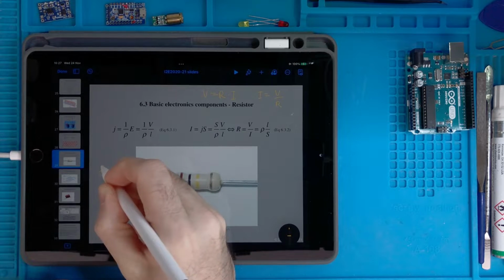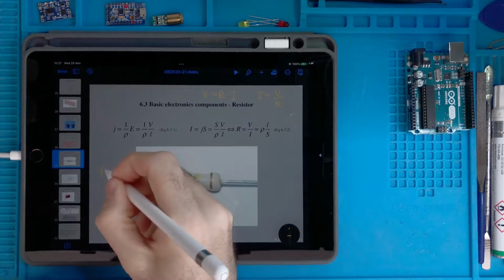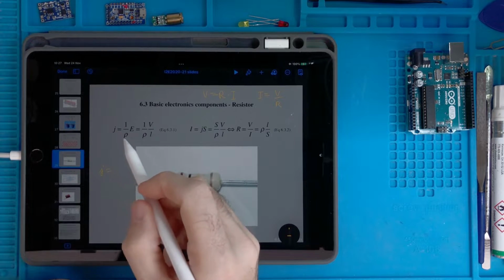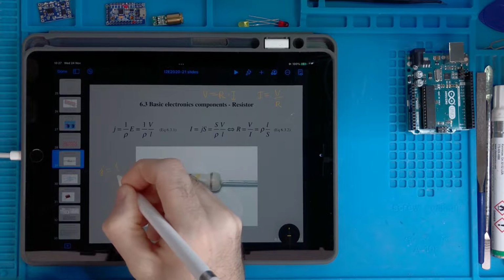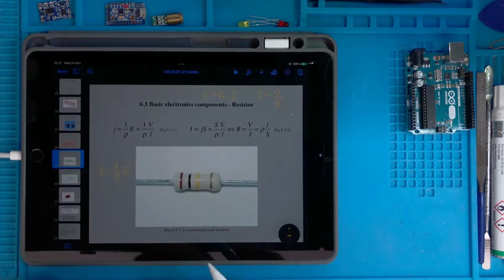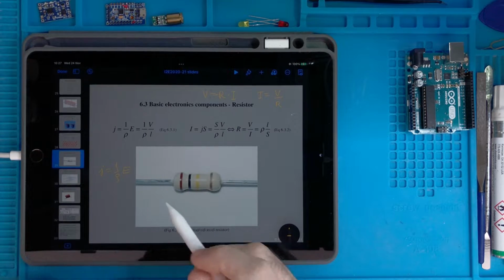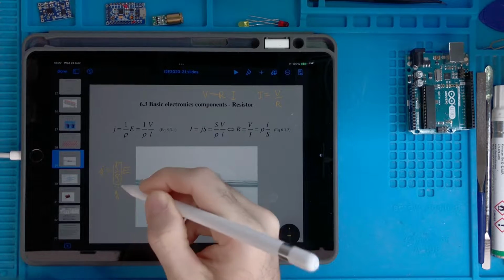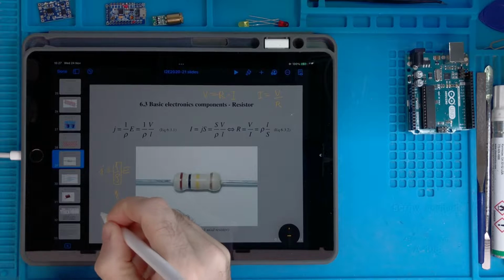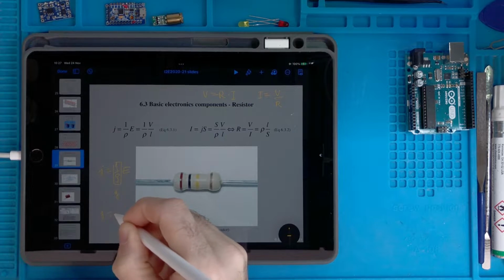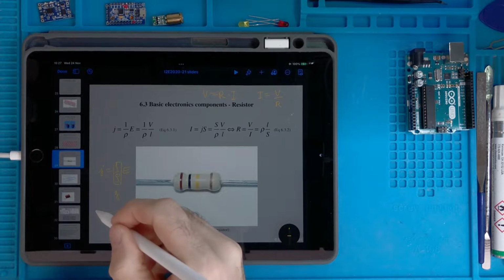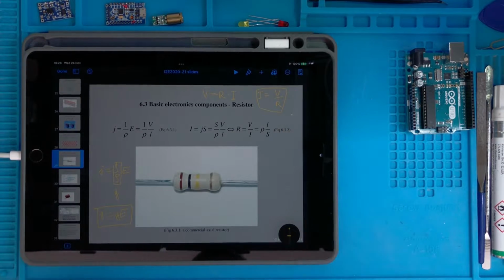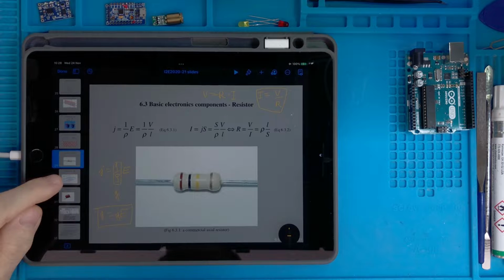The current density J equals 1 over rho, the electric field. Rho is the resistivity, and we said that this can be called G, conductivity. So J equals GE is the equivalent of this.